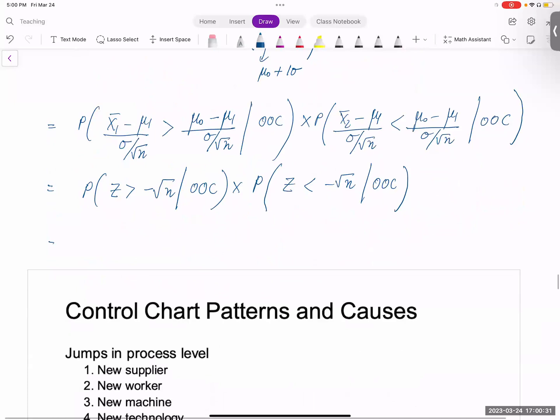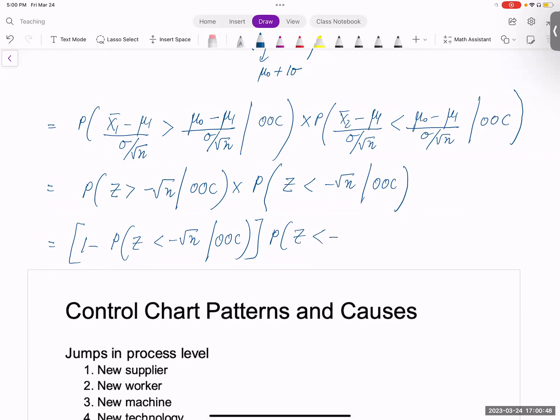I can write the first term as 1 minus probability z less than negative square root of n, given the process is out of control, times probability z less than... actually, I'm going to replace n with 4, so I get 2.